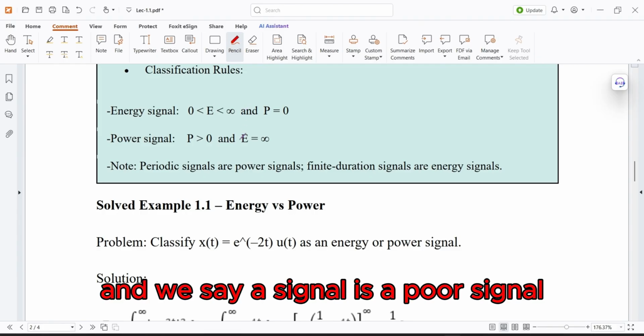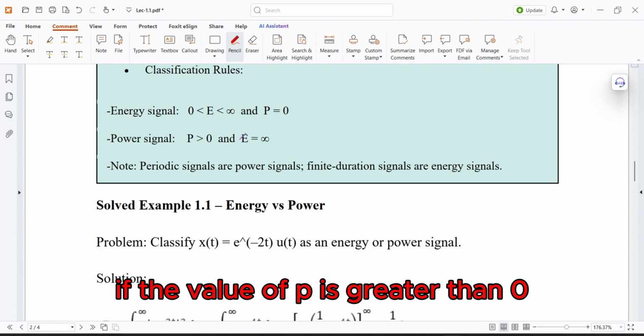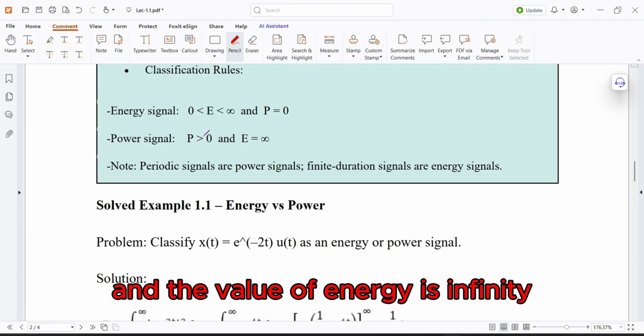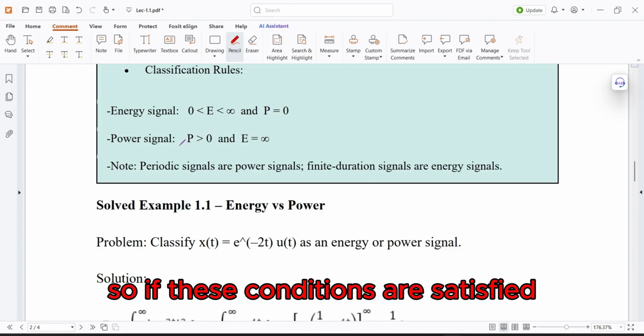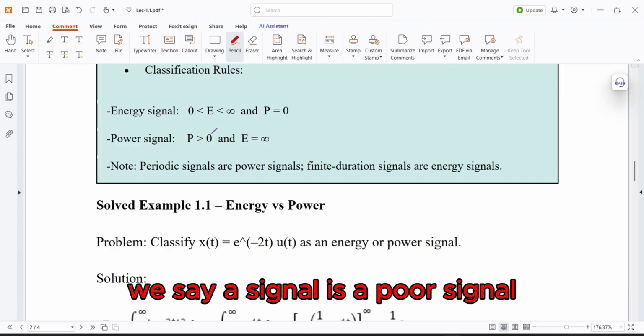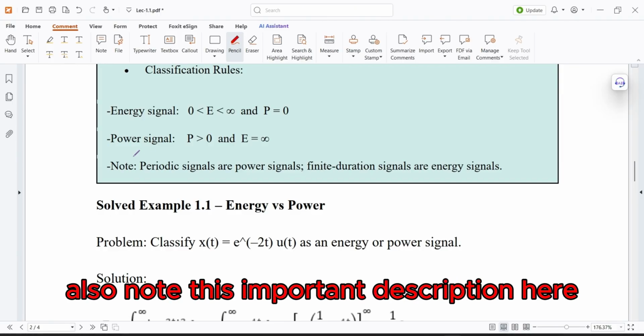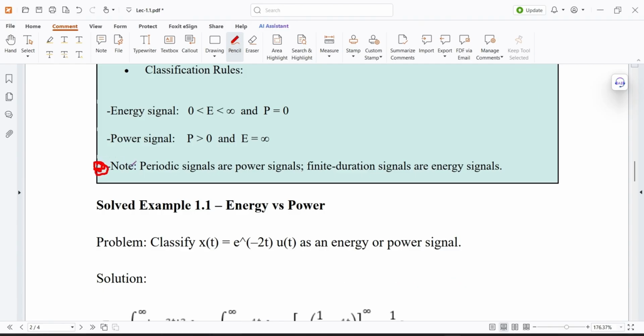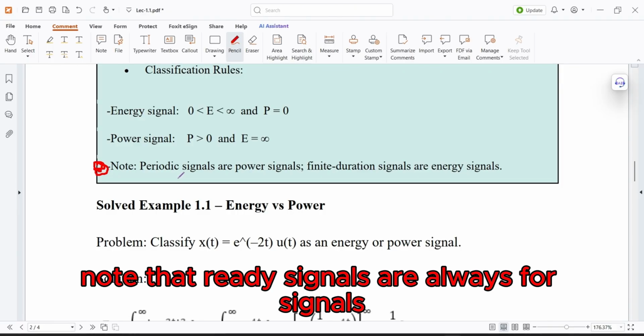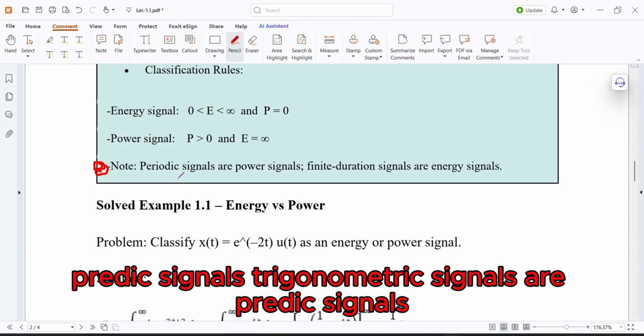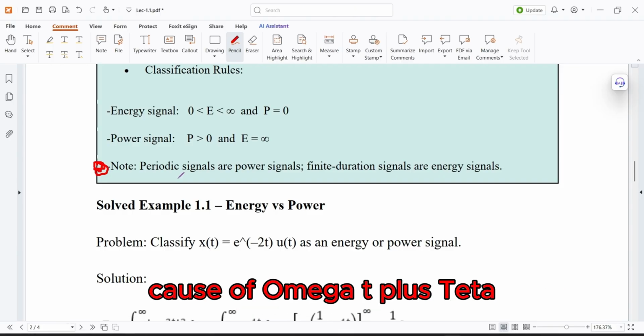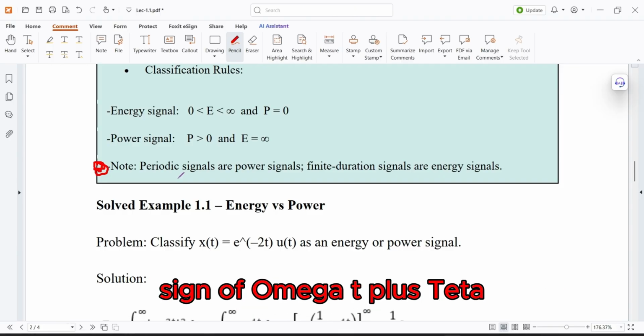And we say a signal is a power signal if the value of P is greater than 0 and the value of energy is infinity. So if these conditions are satisfied, we say a signal is a power signal. Also note this important description here. Note that periodic signals are always power signals. Trigonometric signals are periodic signals, cos of omega t plus theta, sine of omega t plus theta.